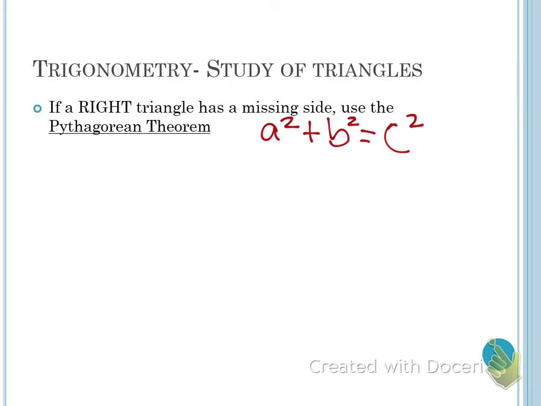So all of these lowercase letters, they represent sides. The main point of this is you can only plug in sides into the Pythagorean theorem. You will only ever find sides in the Pythagorean theorem. You'll never find an angle. You'll never plug in an angle. It has nothing to do with angles. Only sides. So I would say use the Pythagorean theorem like 1 time out of 10. Whereas 9 times out of 10, you will use trig ratios.